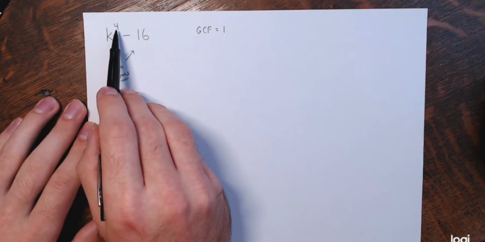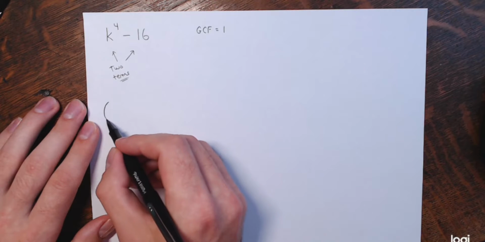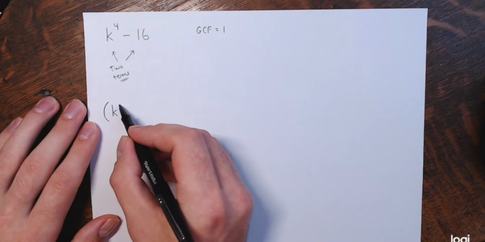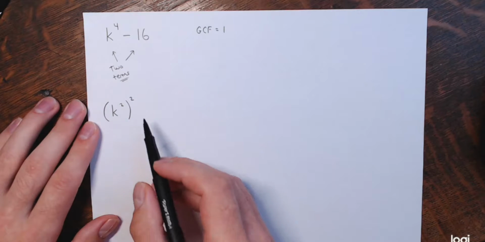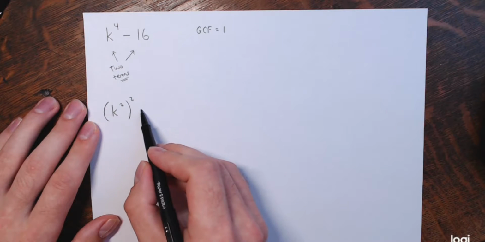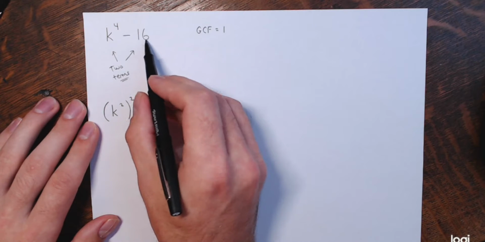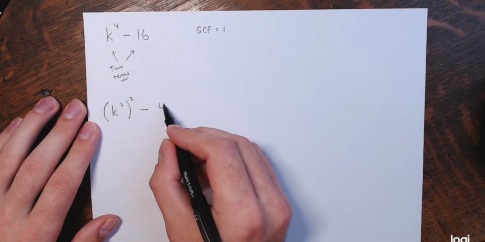That is not a multiple of 3. So it can't be a cube. But it is a multiple of 2. So I have a square here. That k to the 4th is k squared squared. Right? That would be k to the 4th. So here it is as a square minus, and then 16 is a nice perfect square. That's 4 squared.